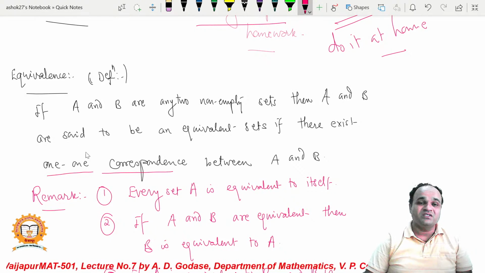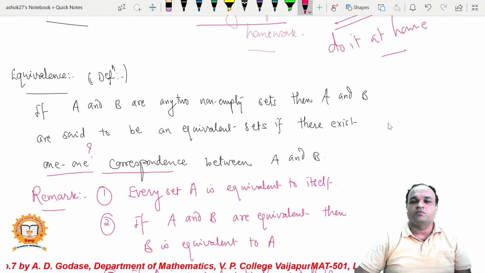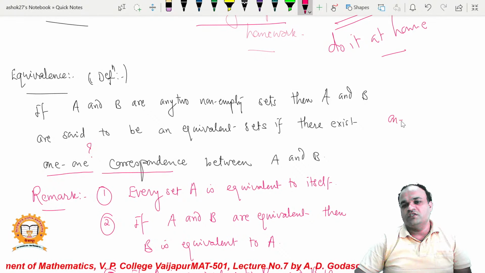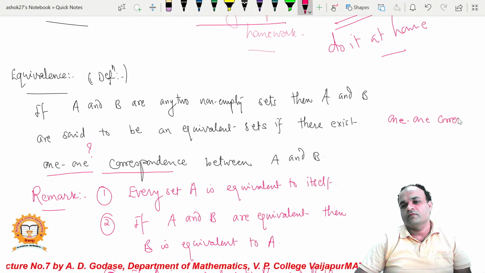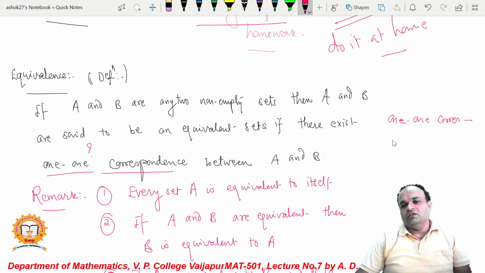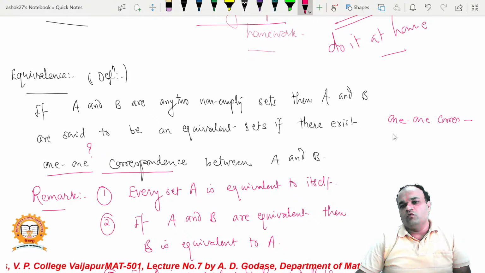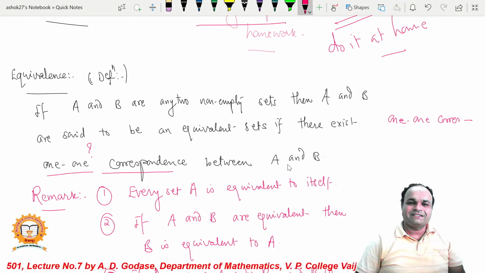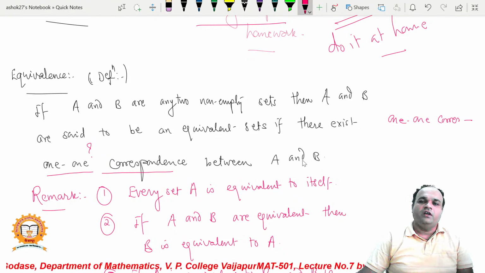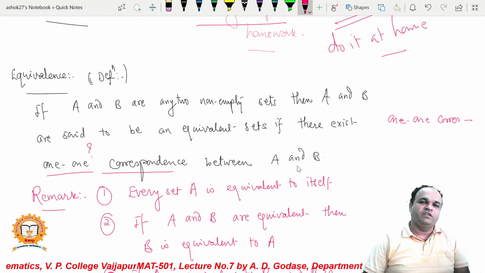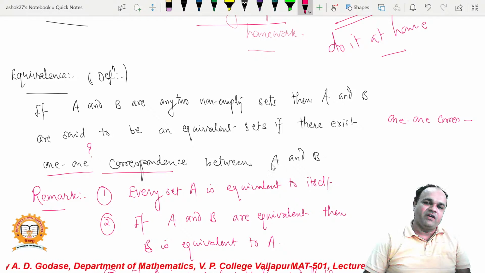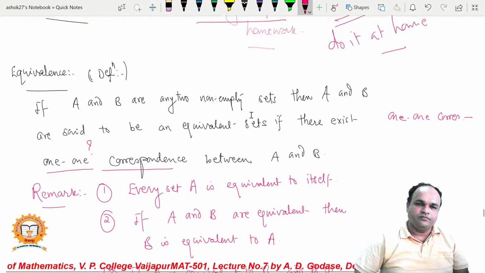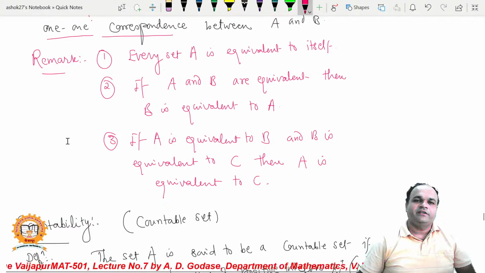What is a one correspondence? A function which is both one-one and onto is called a one correspondence. So there should exist a one-one and onto mapping between A and B. Then we say that set A is equivalent to B and similarly B will be equivalent to A. So from that you can write these remarks.